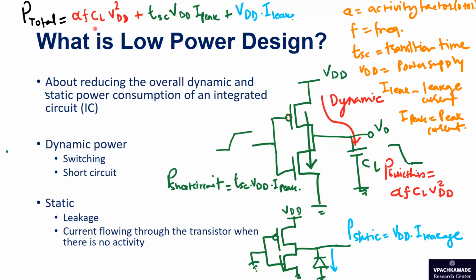The aim of the designer is to reduce the overall power consumption by reducing all these three factors. In each factor, let us understand how to reduce the particular component's power consumption so that we have a low power design.